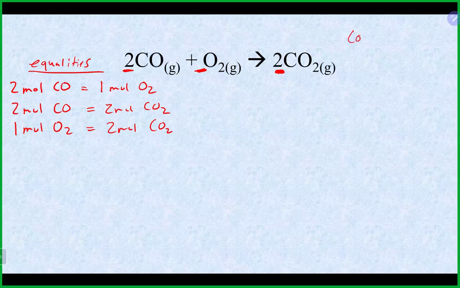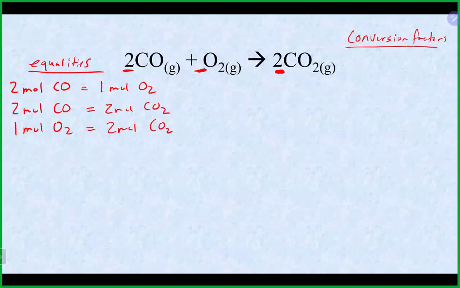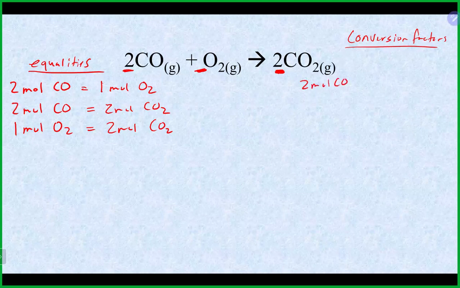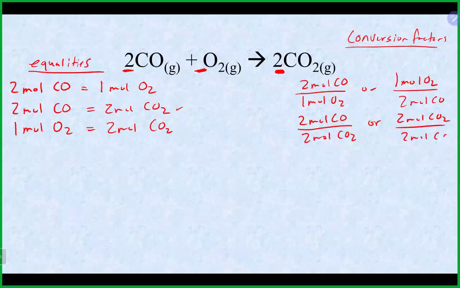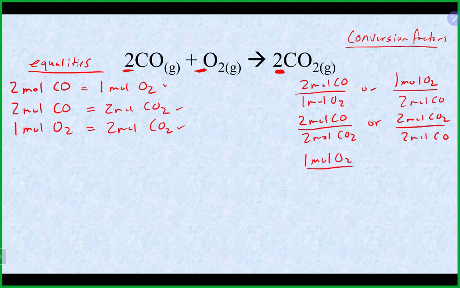So in terms of conversion factors, for our first relationship, we could write 2 moles of CO over 1 mole of O2, or we could flip it around like a normal conversion factor, 1 mole of O2 over 2 moles of CO. For our second one, we could write 2 moles of CO over 2 moles of CO2, or flip it around, 2 moles of CO2 over 2 moles of CO. And lastly, for the third one, we could write 1 mole of O2 over 2 moles of CO2, or 2 moles of CO2 over 1 mole of O2.